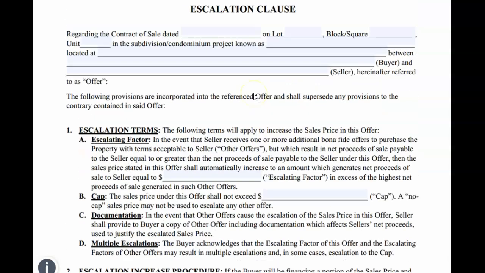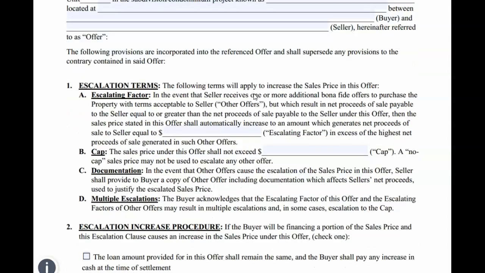So let's say we start at a price of $500,000 and we know there are going to be other offers coming in. So we want to escalate with a certain factor that's going to be very attractive to the seller over other contracts. And remember, one of those could be a cash offer, and yours might be a financed offer.